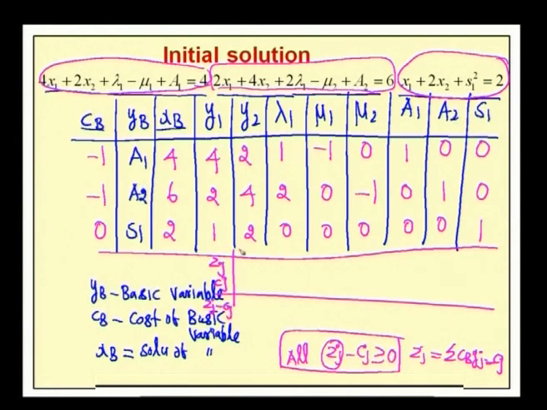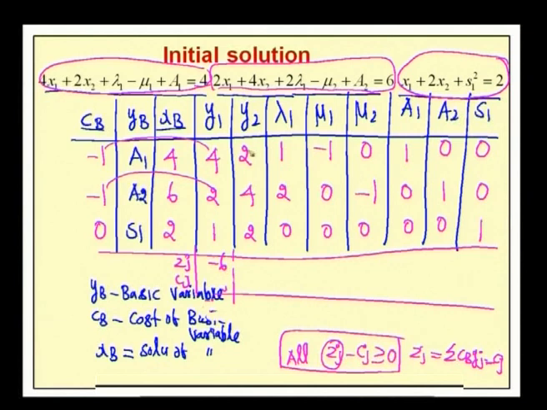Zj is CB times yj. For y1, my Zj value is -1 into 4 plus -1 into 2, that is CB1 y1 plus CB2 y2. So, -1 into 4 is -4 plus -1 into 2 is -2. So, -4 minus 2 gives us -6.